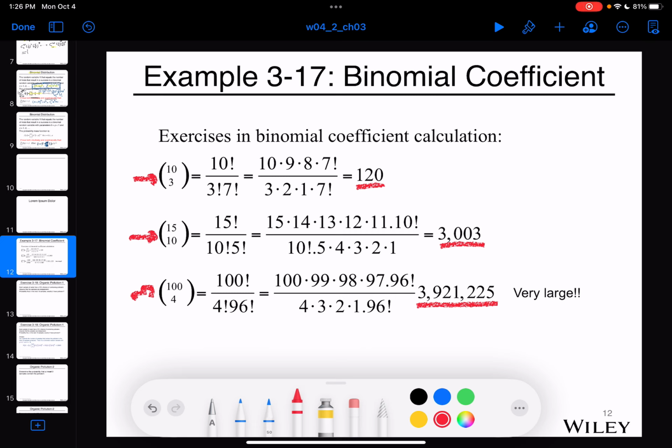So if you have 100 people, such as this class, there are close to 4 million ways that we can form groups of size 4. I'm sure many of you thought that number is lower than that. You didn't really think there are 4 million ways to create different groups of size 4 from this class.